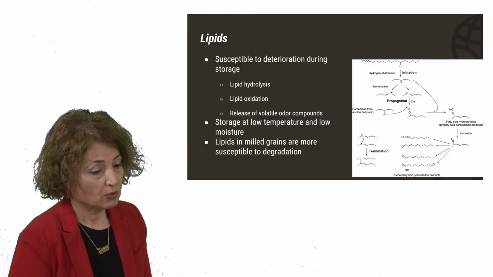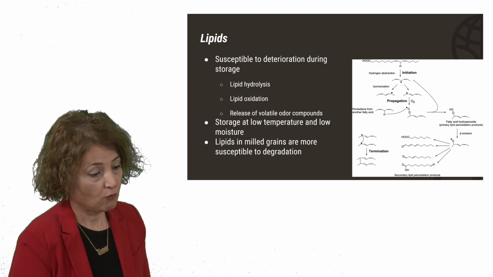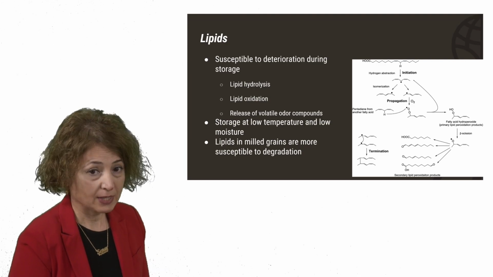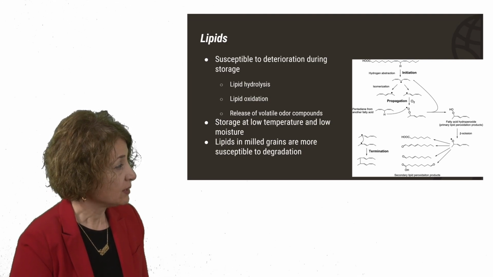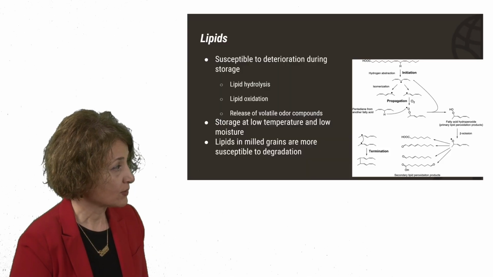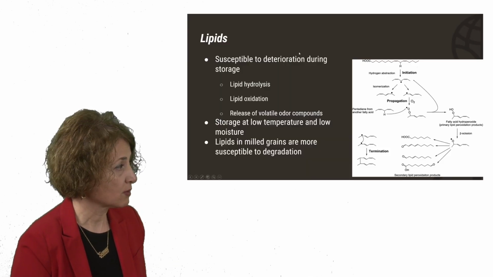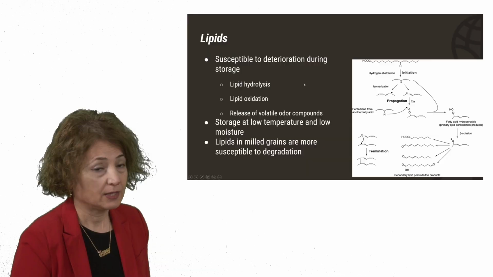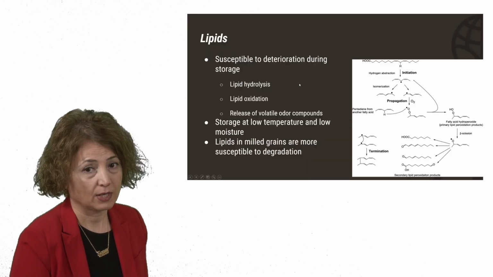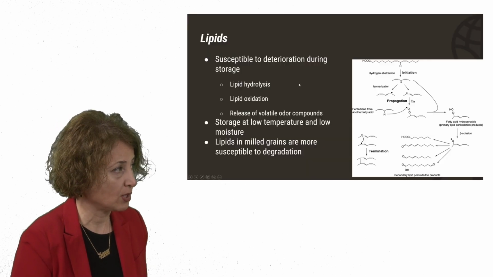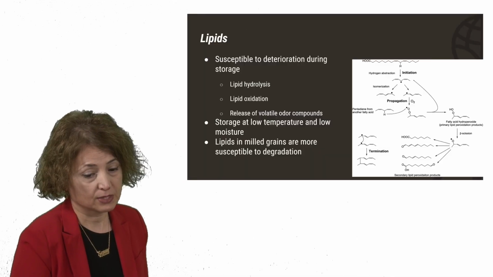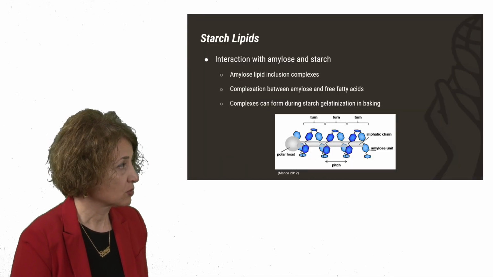Storage at low temperature and low moisture minimizes lipid oxidation. The lipids in milled grains are more susceptible to degradation because of exposure to light. And in whole wheat flour, because we have higher amounts of these lipids, they need to be controlled.